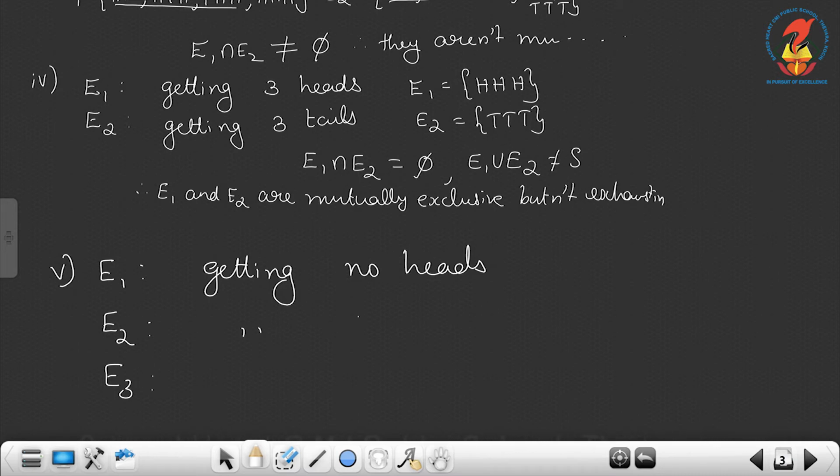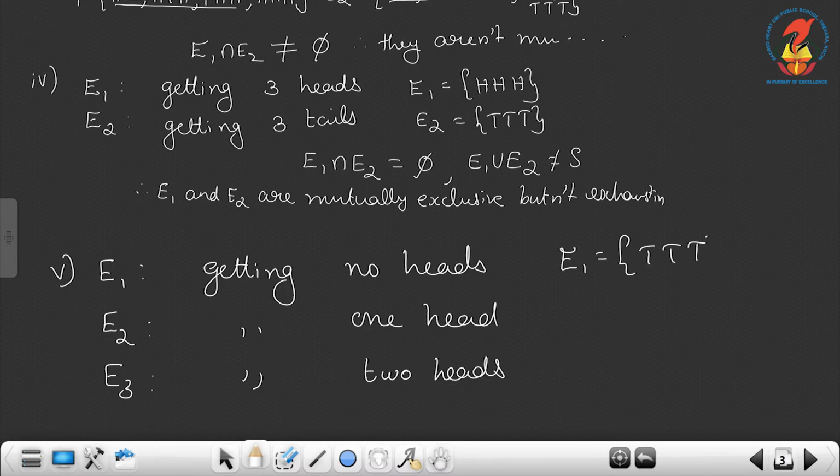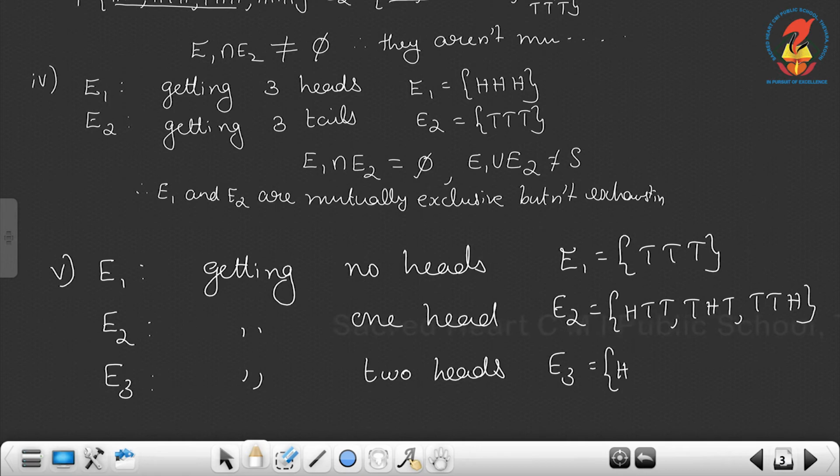Now E2 means getting 1 head, and E3 means getting 2 heads. So E1 means T, T, T, and E2 1 head, HTT, THT, and TTH. E3 means 2 heads, HHT, HTH, and THH.